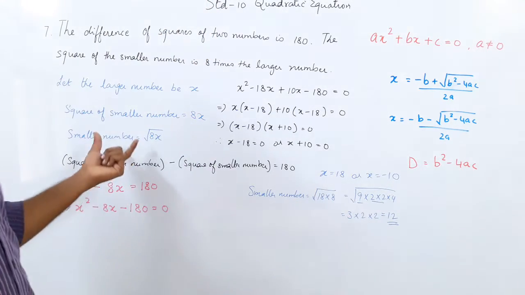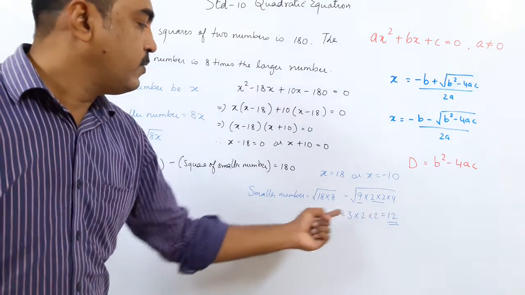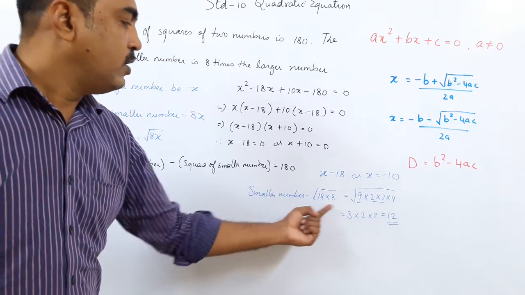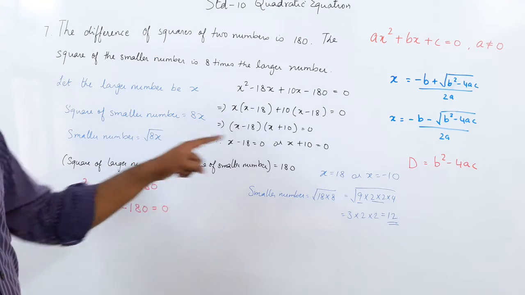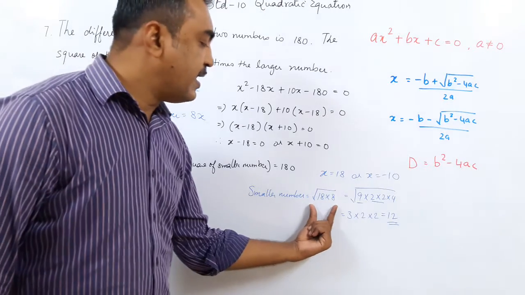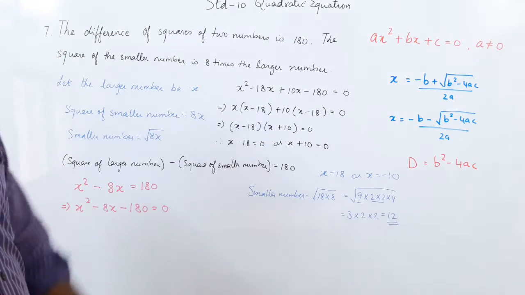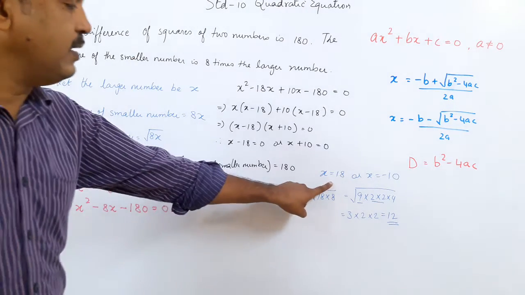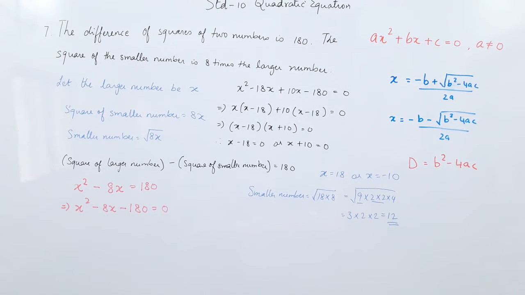But when I try to find the smaller number, the square root of 8 into x, 8 into 18 gives me 144 whose square root is 12. But when I put minus 10 over here, 8 into minus 10 will give me minus 80 and I cannot find the square root of minus 80. So my numbers are 18 and 12. The larger number is 18 and the smaller number is 12. And you can check: 18 squared minus 12 squared equals 180.